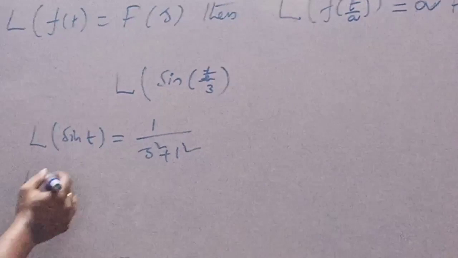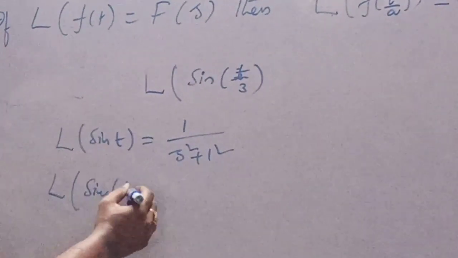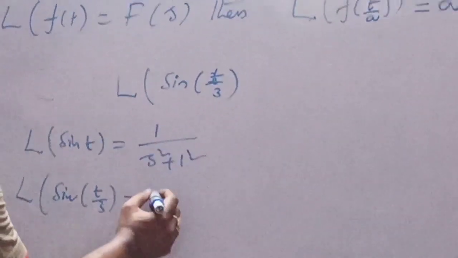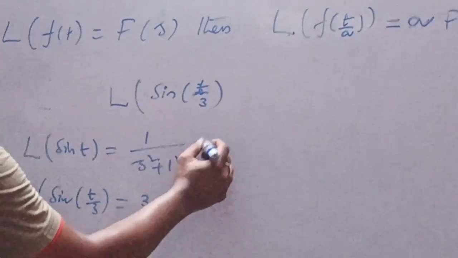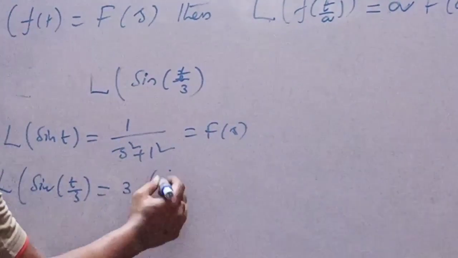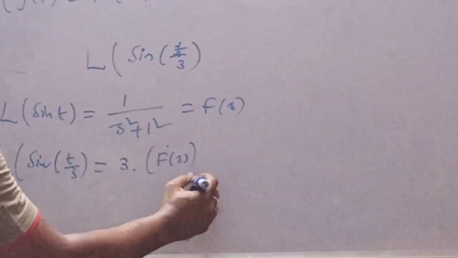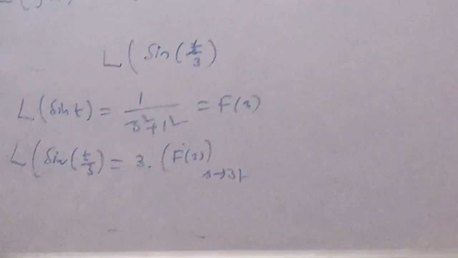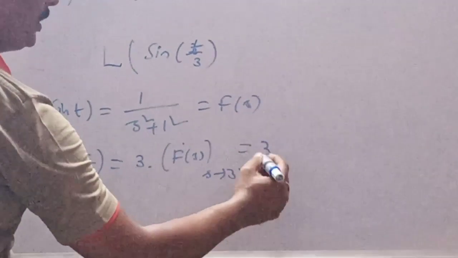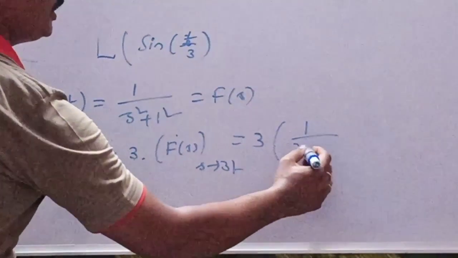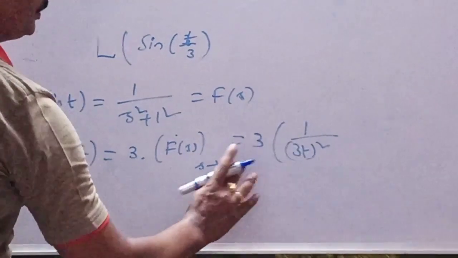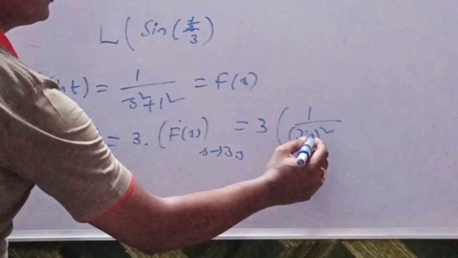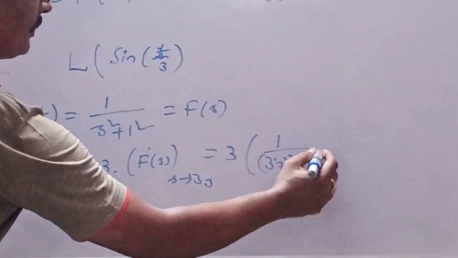So the Laplace transformation of sine t by 3 equals a, which is 3, into F of as, which is 3 into 1 by 3s whole square plus 1 square.